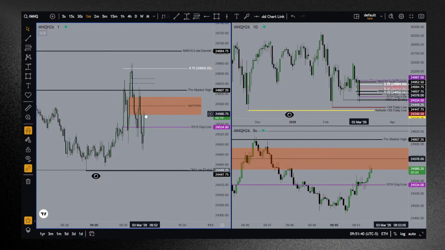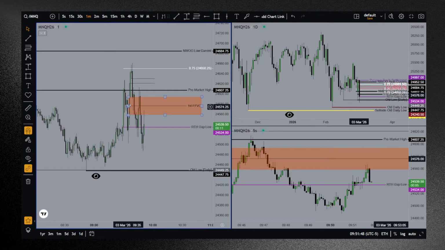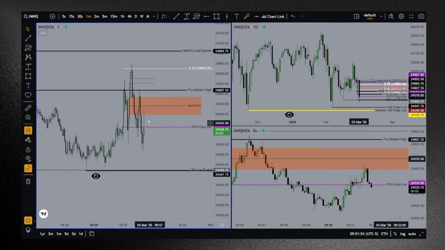So return back into this first printed fair value gap. As I said, I want to see strict respect from the lower half in here. This is very important. Now it should really displace lower off of this lower half.